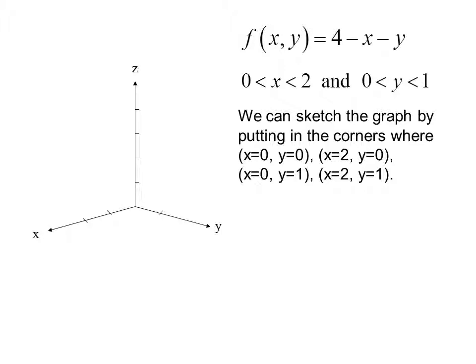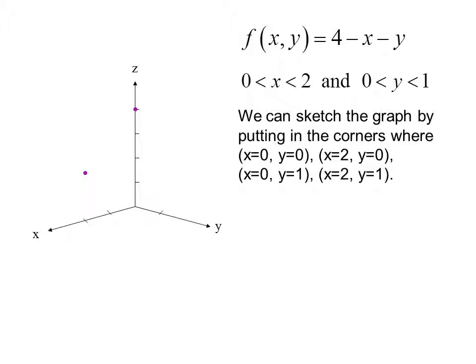We can sketch the graph by putting in the corners. Where x equals 0, y equals 0, f of xy equals 4. Where x equals 2, y equals 0, f of xy equals 2.